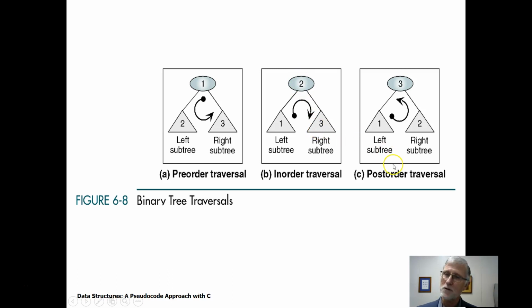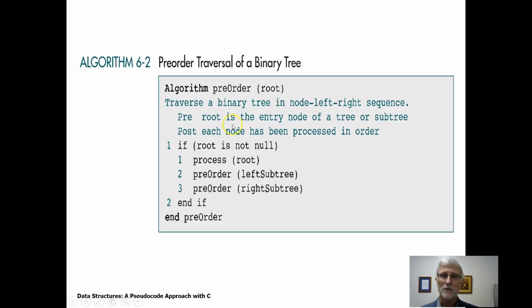Or there's post order, which means the node is the last thing. So I do the left subtree, right subtree, and then process this. They'll all give you the same solution, but it's the amount of processing time that it takes to do each one of these that you'll have to decide which one you want to go about doing. So totally different ways of doing it.